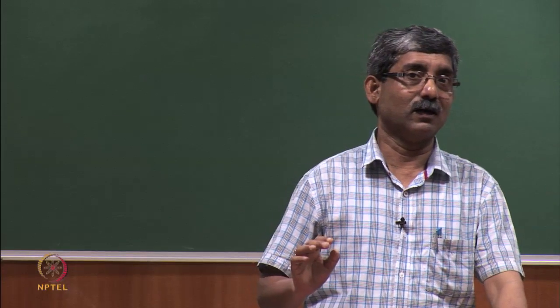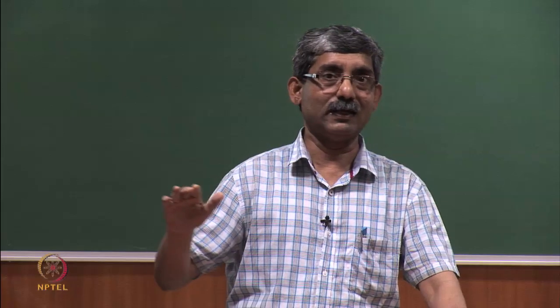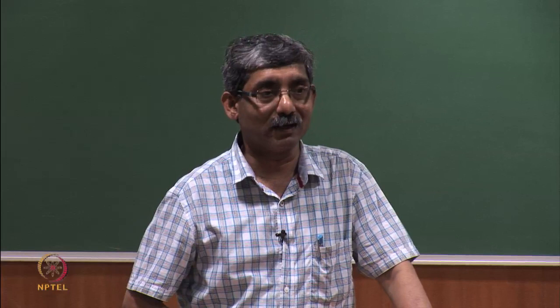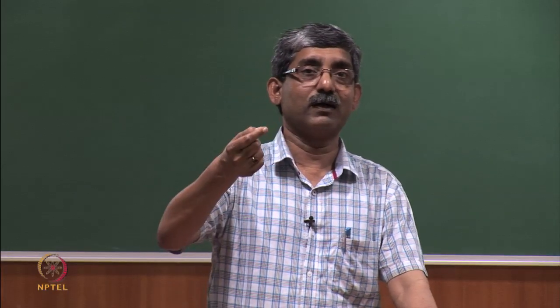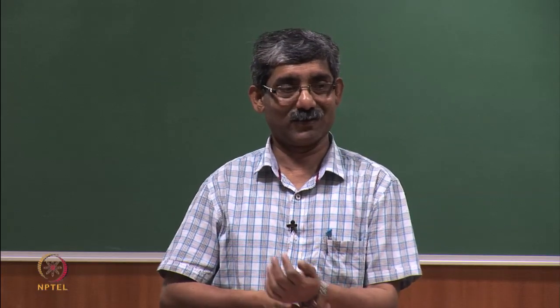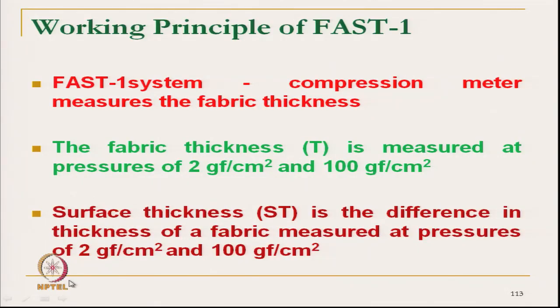Suppose the fabric does not have any hair, for example a fabric made of monofilament yarn, or a yarn fabric that is singed, so there is no hairiness. Then the difference between 2 gram force and 100 gram force per square centimeter, which is a very low pressure, will be very low.